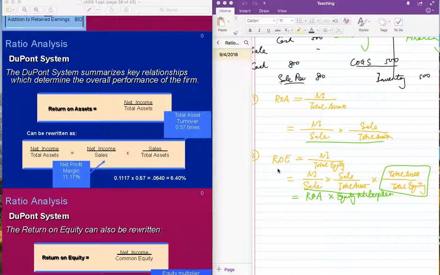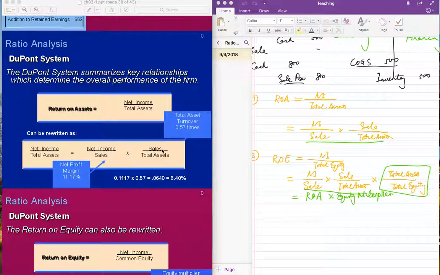Now, look at the return on assets. As you can see, the formula you learned, which is net income divided by total assets, can be written as a product of these 2 separate ratios. This one is called net profit margin. The second one is called total assets turnover. You can see that net profit margin is the profitability ratio and the turnover ratio is an activity ratio.